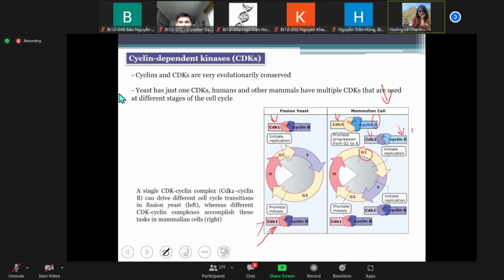CDK4 plus cyclin D promotes the progression from G1 to the S phase, while CDK2 and cyclin E initiate the replication, etc. So just remember, the yeast cell has only one type of CDK, but the mammalian cell has a number of them.